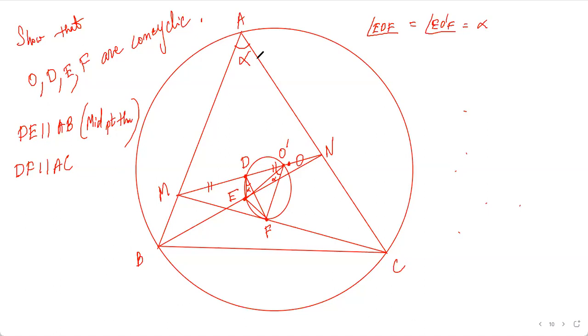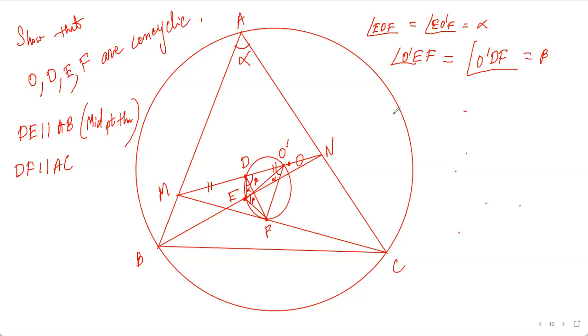Similarly, look at angle O dash EF. If it is beta, then O dash DF will also be beta, because they are subtended by O dash F. Those are equal to beta.